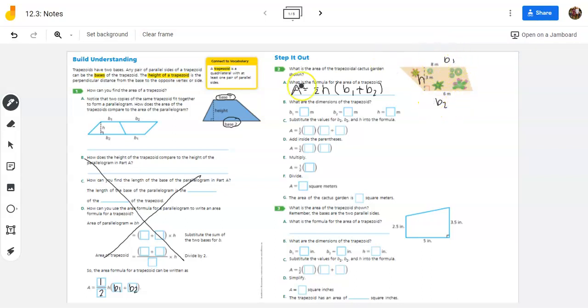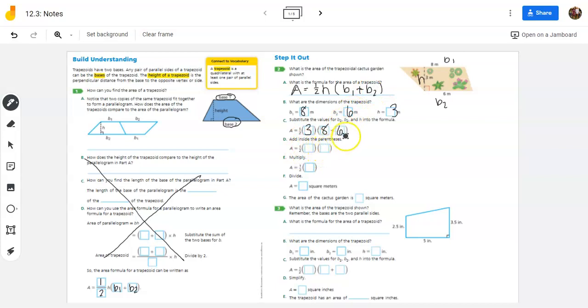So base 1 I have is 8, base 2 is 6, and the height is 3. So now let's plug those in. We have 1/2 H. Our H is 3. And then we go B1, which is 8, plus B2, which is 6.